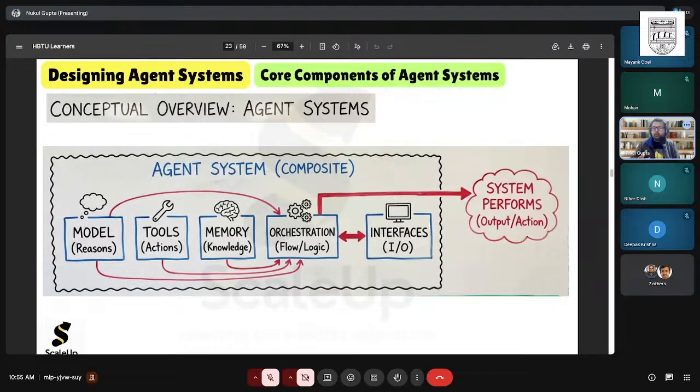Memory is very important; it stores the context and the knowledge. Orchestration is the flow or the logic. And the interface is how we interact with the agent: agents can interact with other agents, with third party tools and the surrounding environment, and with humans.